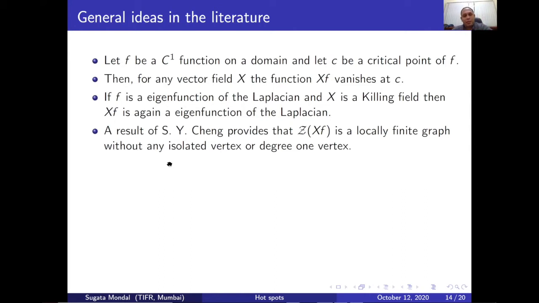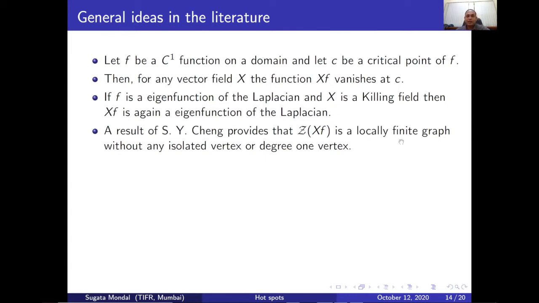The next important thing that appears in this literature is a very nice result of Cheng that says that if you take an eigenfunction of the Laplacian and look at the zero level set Z, the nodal set, the set where this eigenfunction vanishes, that subset of your domain is actually a very nice subset.